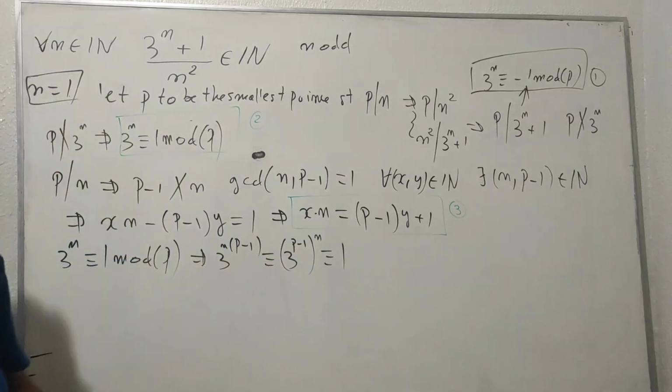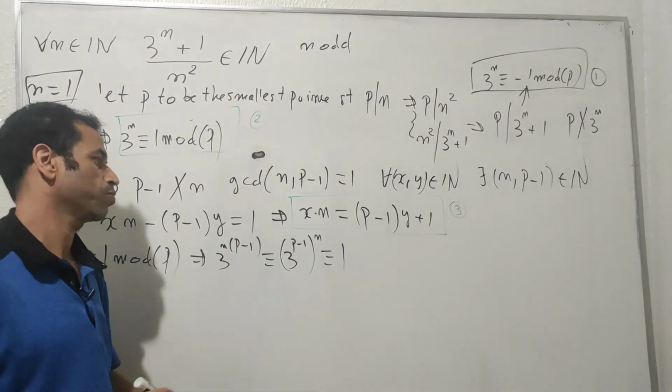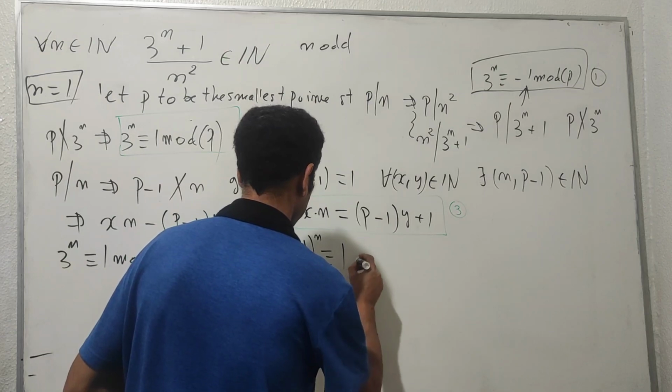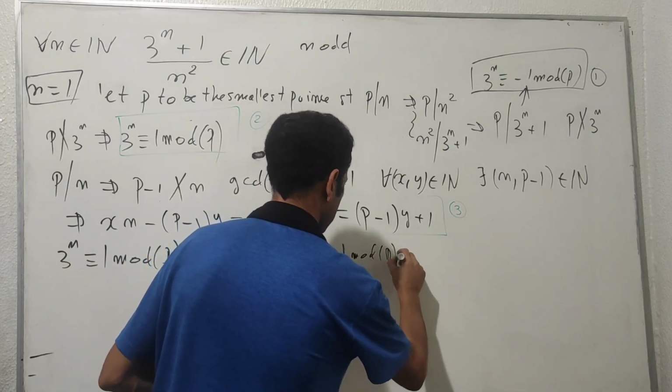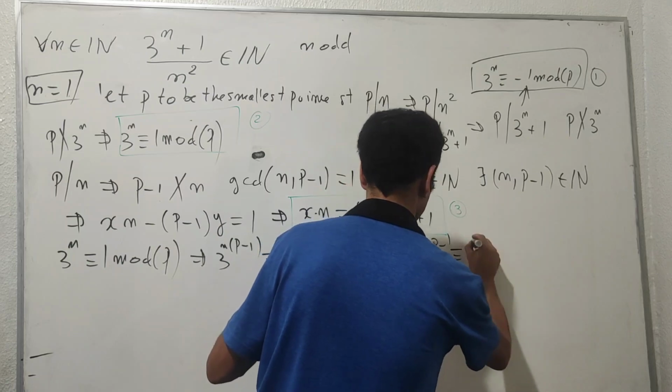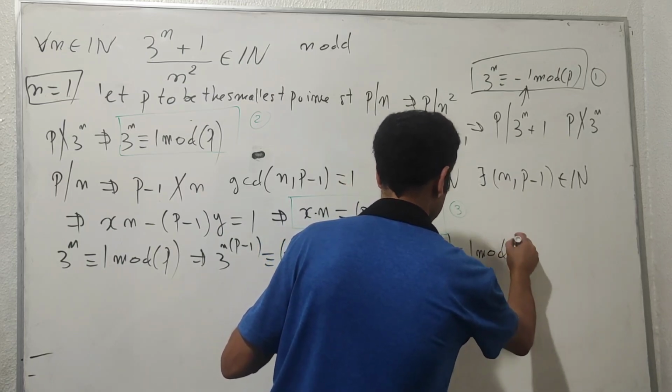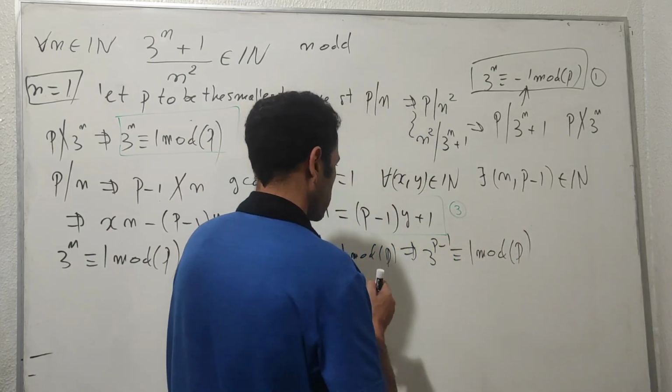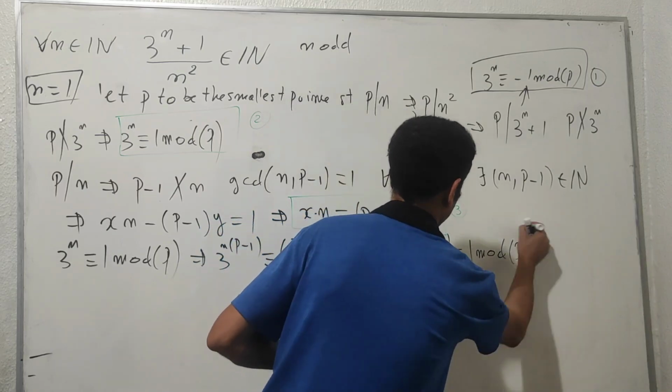So since n is odd, we are going to take off this exponent. So I will have 3 to the p minus 1 is congruent to 1 mod p. Okay, so here is statement number 4.